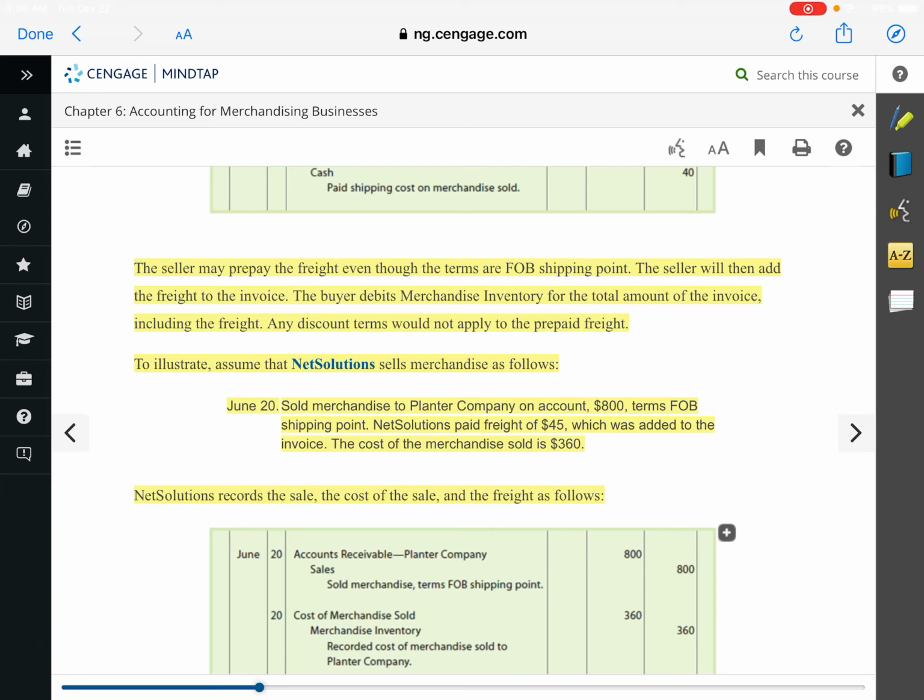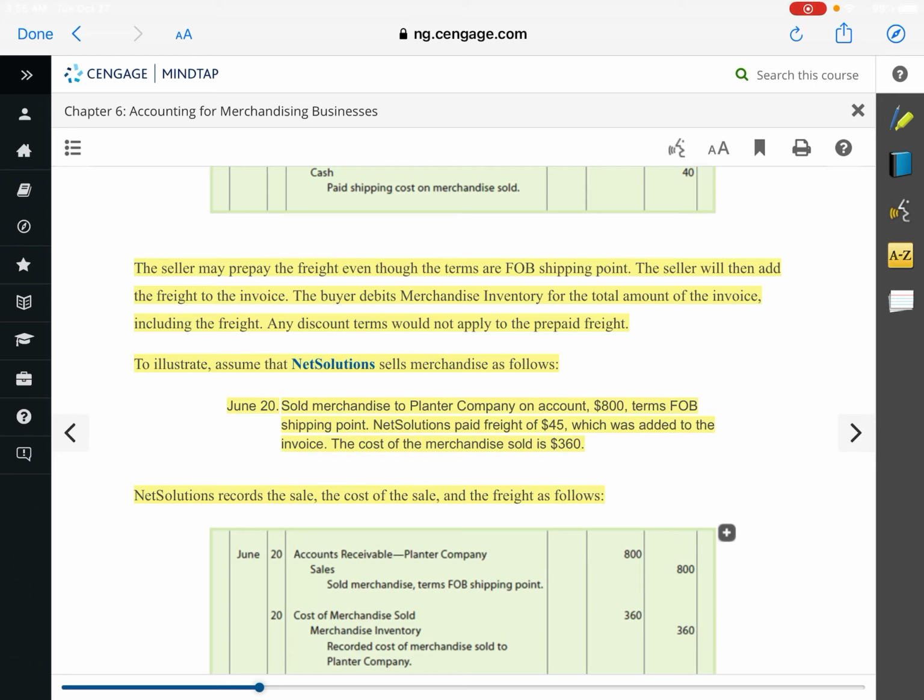The buyer. Yeah, the buyer assumes ownership while it's in transit because ownership transferred at the shipping point. Okay? So you'll more than likely see a couple questions about that. Who assumes ownership when this shipping term is associated with it? Who assumes ownership when FOB destination is associated with it?